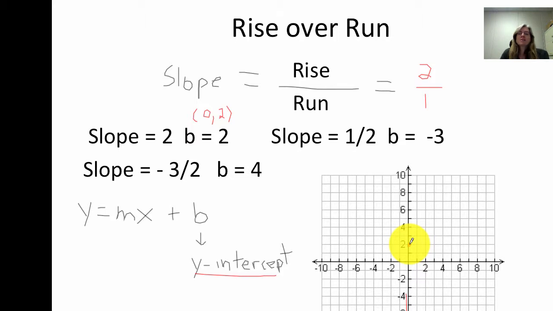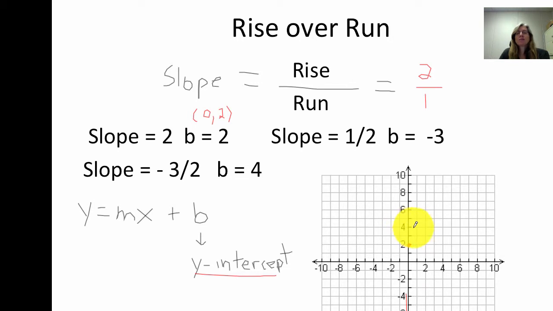So rise is the up and down direction. Because it's a positive 2, we go up 2 spots, 1, 2. If it were negative 2, we would have had to start here and go down 2 spots. So we begin on this point, and we go up 2, and the run is 1, and it's a positive 1. So the run is this direction, the x direction.